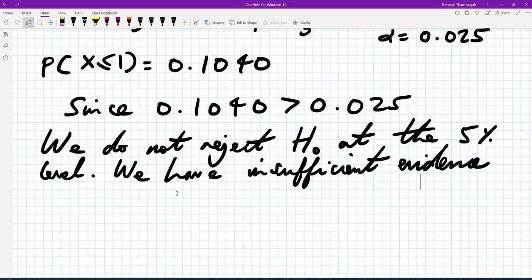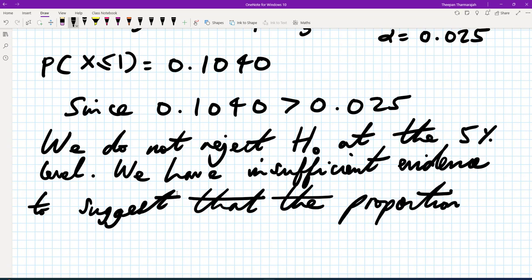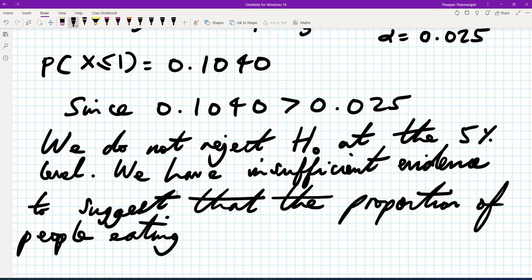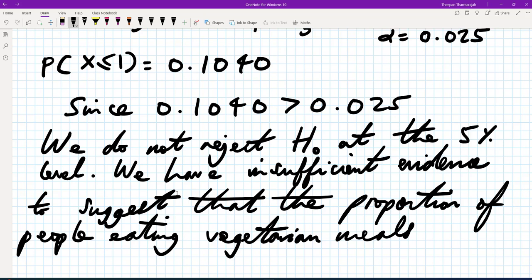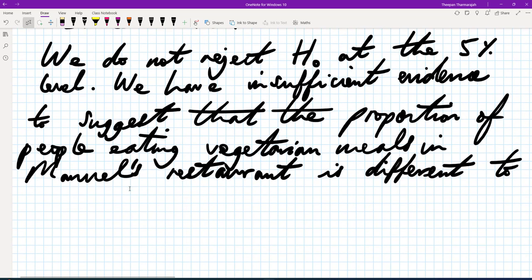to suggest that the proportion of people eating vegetarian meals in Manuel's restaurant is different to that in Enrico's restaurant.